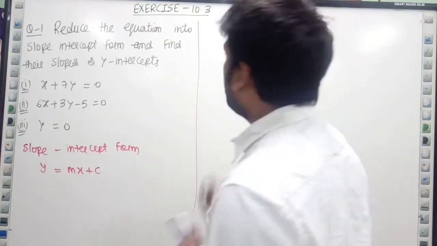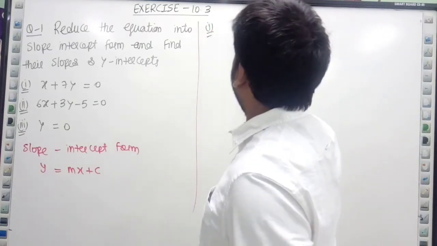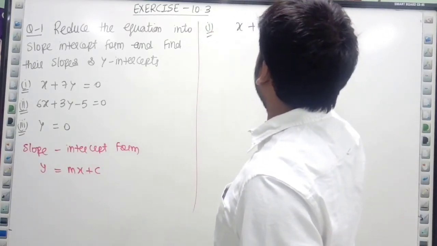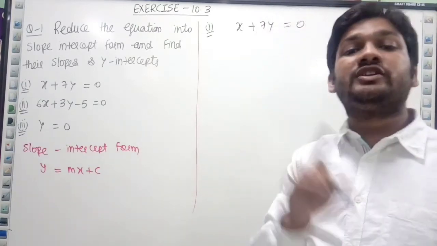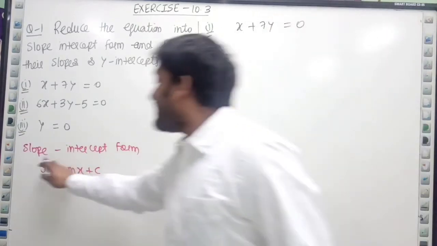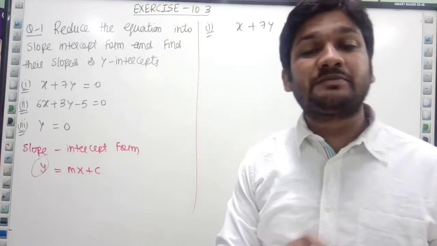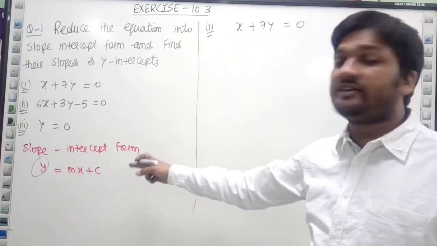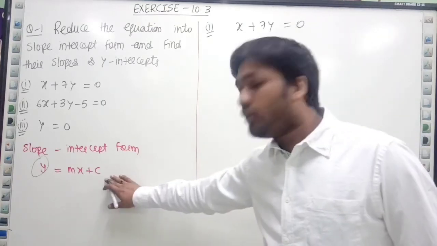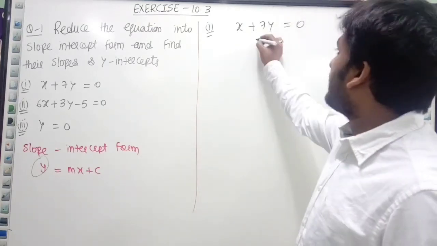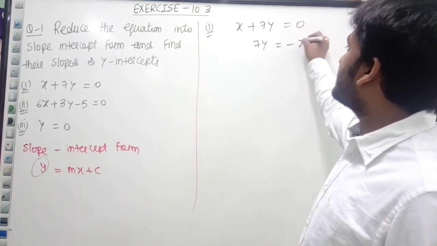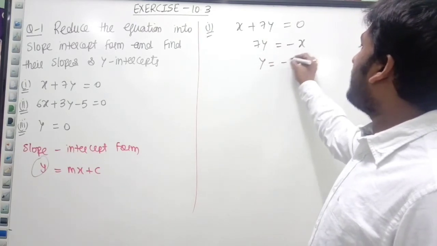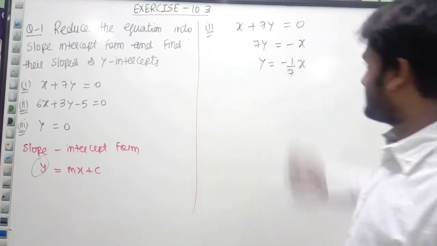Now the first equation we have is x plus 7y equal to 0. To convert this equation into slope-intercept form, what is the LHS side? y. So I will express y in terms of x in every equation and compare the equation with y equal to mx plus c. So I can write 7y equal to minus x, y equal to minus 1 by 7 into x.